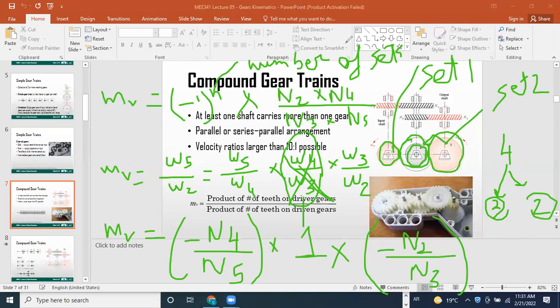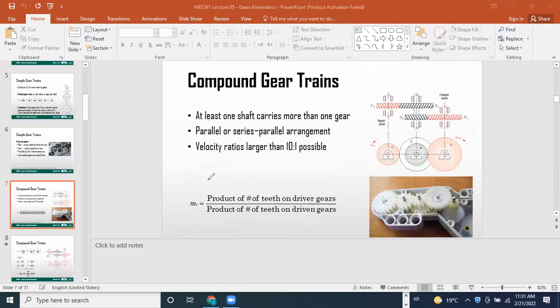You will get the general rule here: minus 1 to the power of the number of sets. That means if the number of sets is even, I get a positive ratio. If the number of sets is odd, I get a negative ratio. And the ratio will be equal to the product of teeth on driver gears over the product of teeth on driven gears.